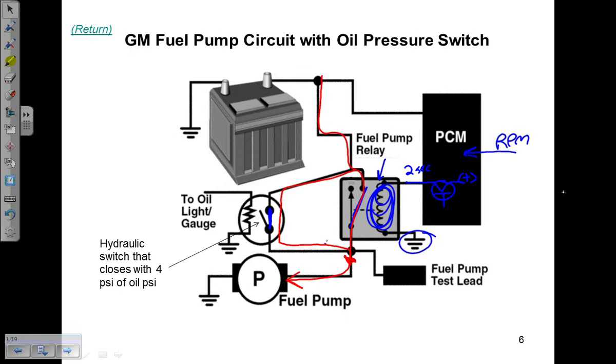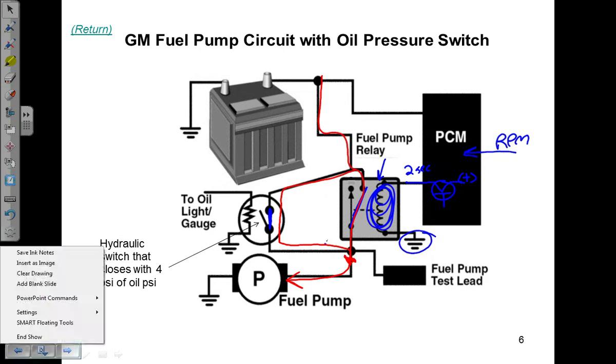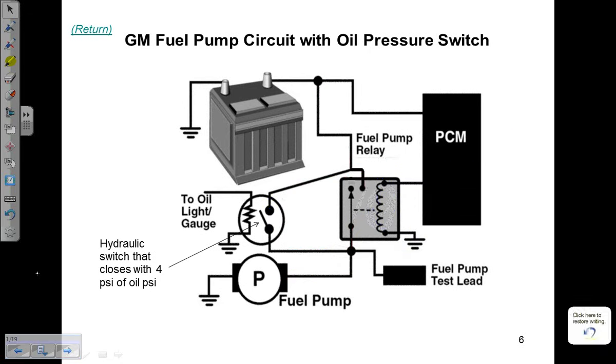I guess GM had a bunch of problems with their fuel pump relays early on, and they just felt that they needed to keep it forever. I don't know why they do it, but it is not there to shut the car off in case we lose oil pressure.